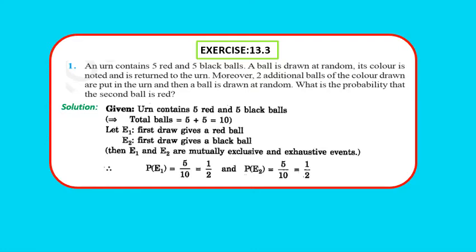So we are given that the urn contains 5 red and 5 black balls, so the total is 10. Let E1 be the event that the first drawn ball is red, and E2 that the first drawn ball is black. So it is clear that E1 and E2 are mutually exclusive and exhaustive. So probability of E1 is 5 by 10, that is half, and probability of E2 is 5 by 10, that is half.